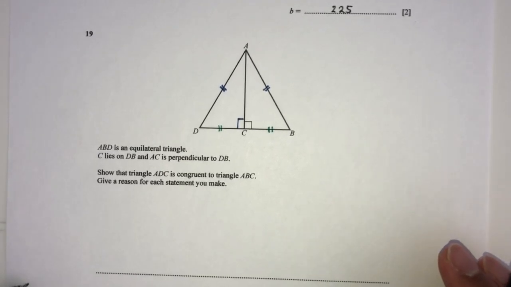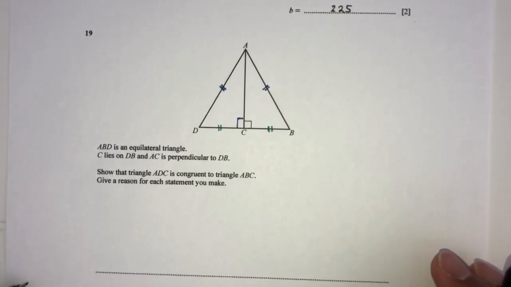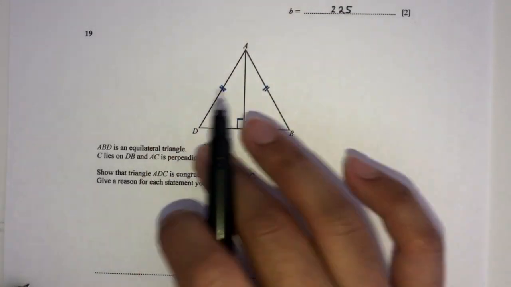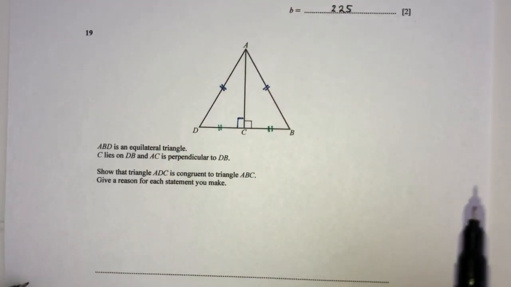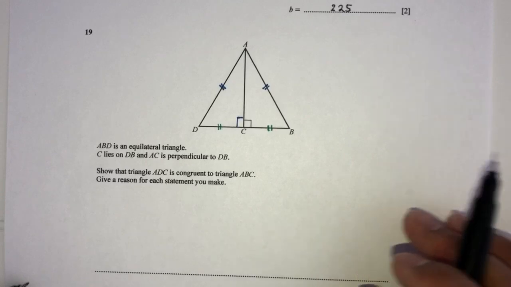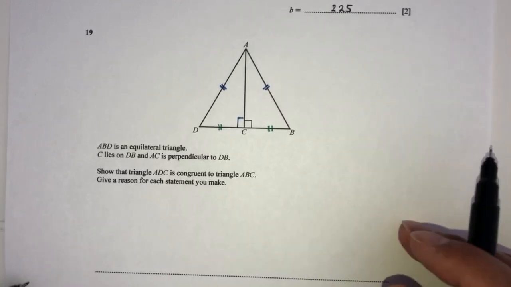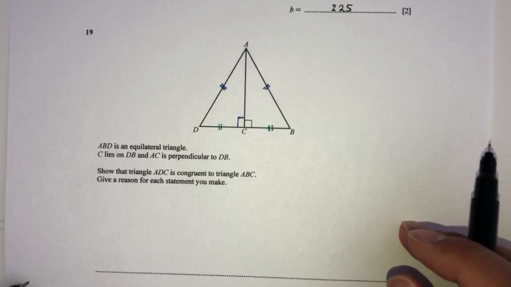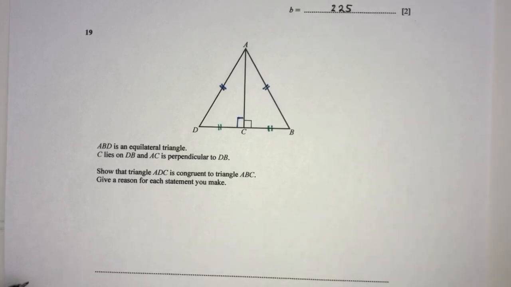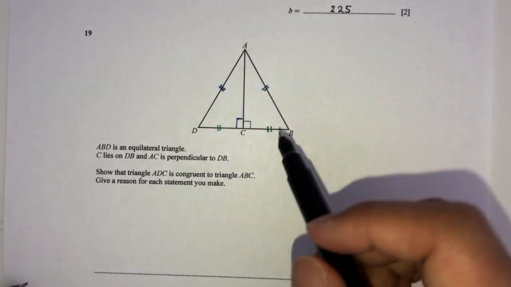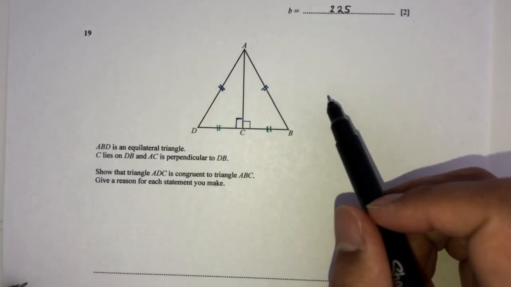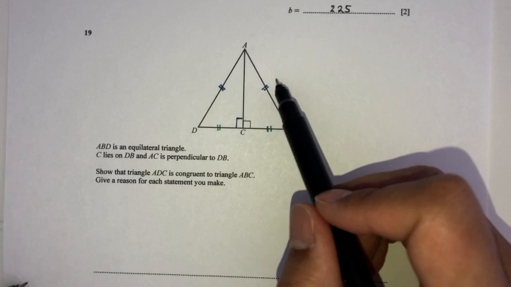Now what do we have to do? We have to show that triangle ADC is congruent to triangle ABC. Congruent means the same as. There are many ways of showing that, obviously. I guess we can choose the easiest way and give the reason. We can say this one and this one are the same.